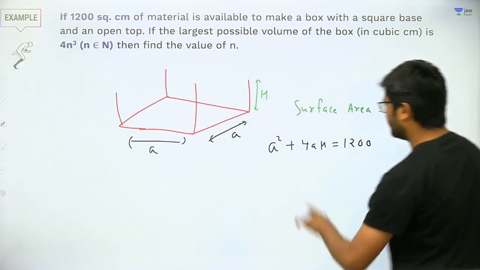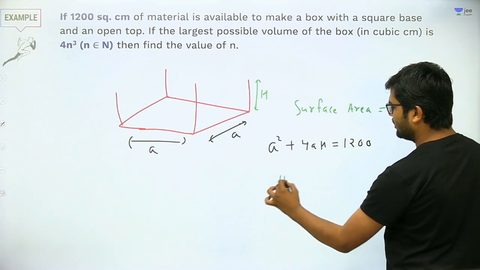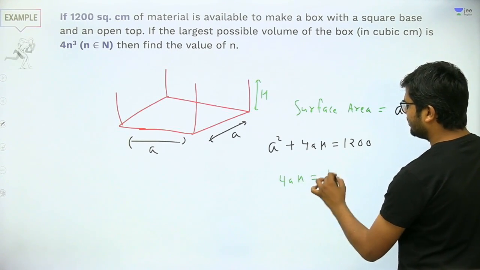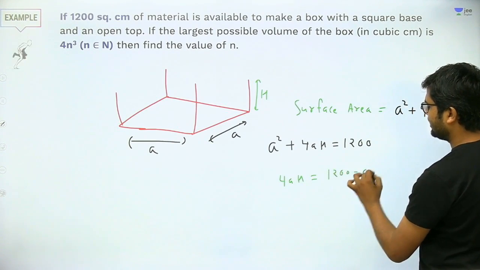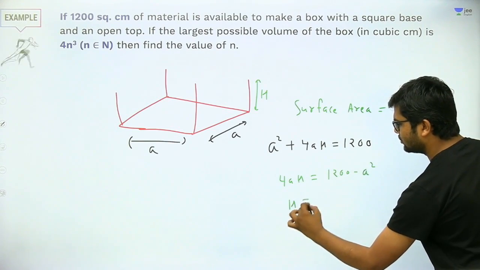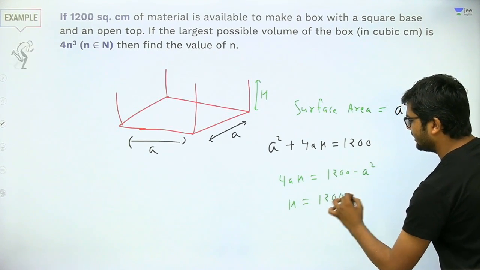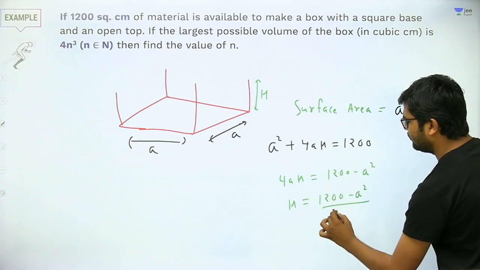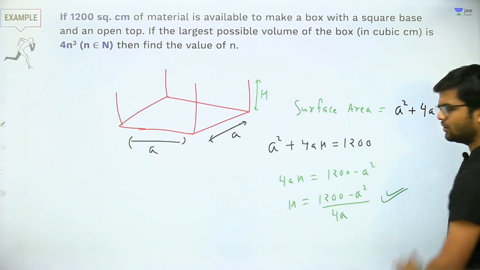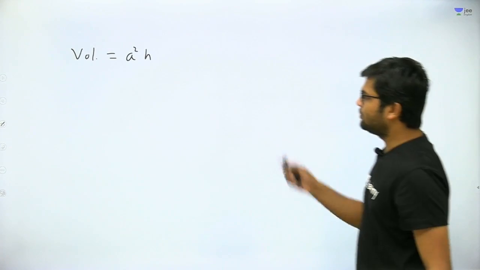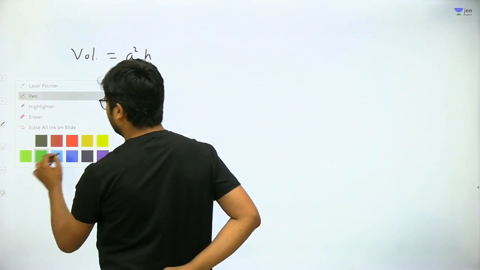So 4ah equals 1200 minus a square, and h will come out to be 1200 minus a square upon 4a. This is the value of h. Now putting the value of h here, I get the function of volume.